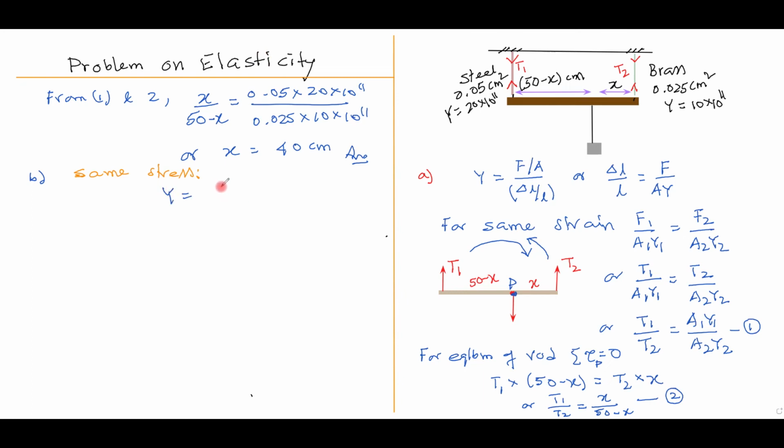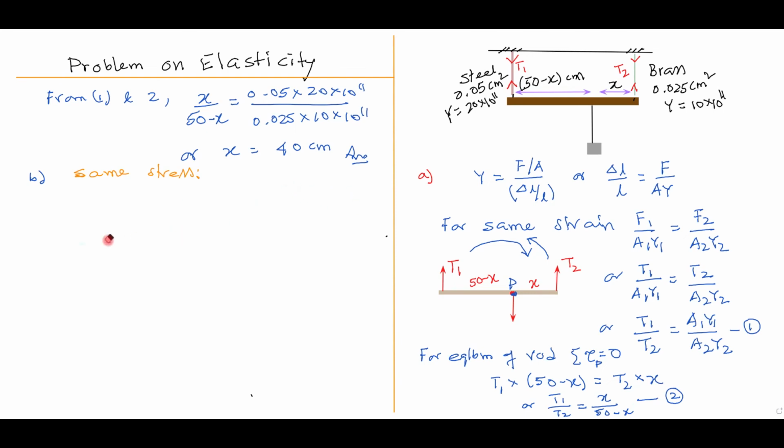Y equal to F by A by del L by L. This is stress, or stress equal to Y del L by L. Okay, hence for same stress, Y into del L by L. You'll have to find same stress, so we'll use this one directly.